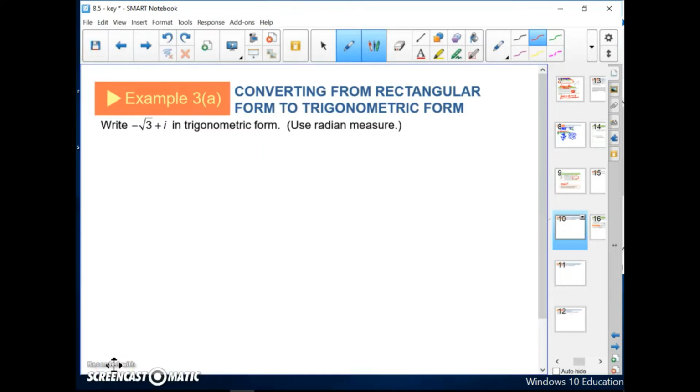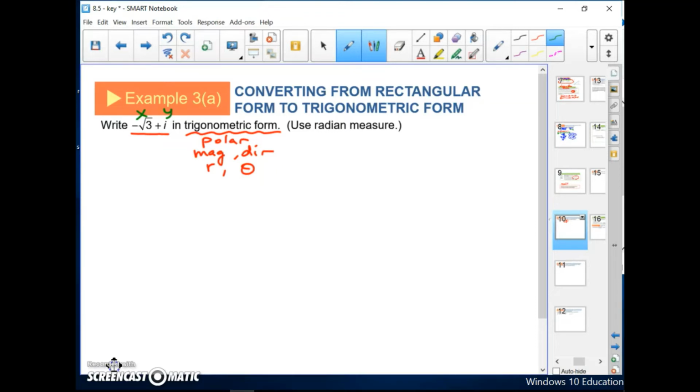Example 3a says to write negative square root of 3 plus i in trigonometric form. That means polar form. Okay, polar form wants magnitude and direction, or in other words, r and theta. So in order to do that, think about what they've given us. They have given us rectangular form, which is x and y.